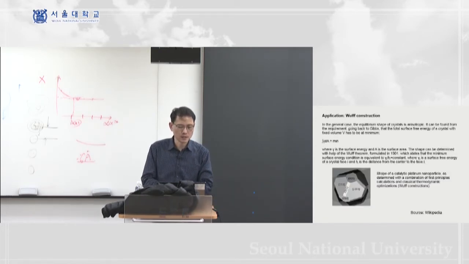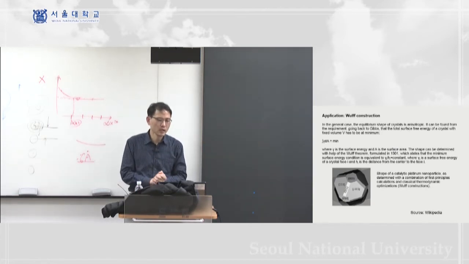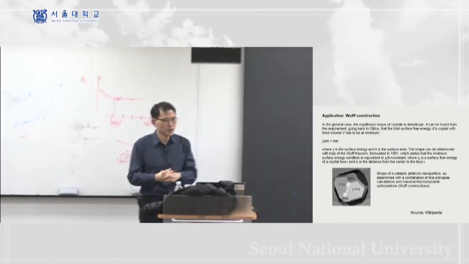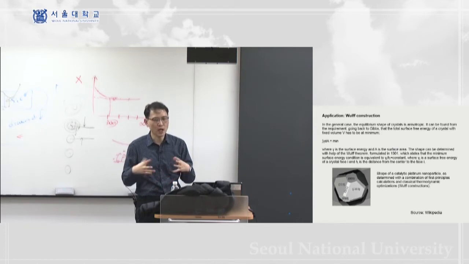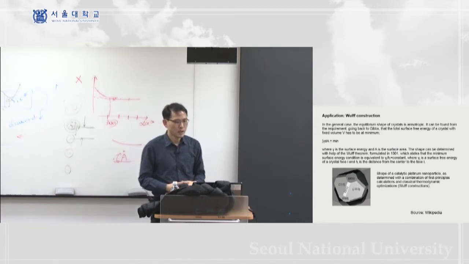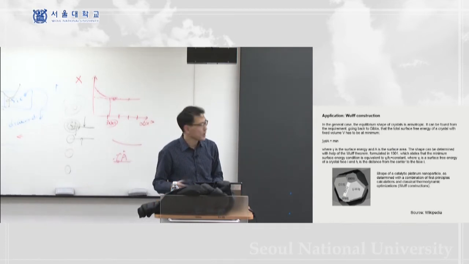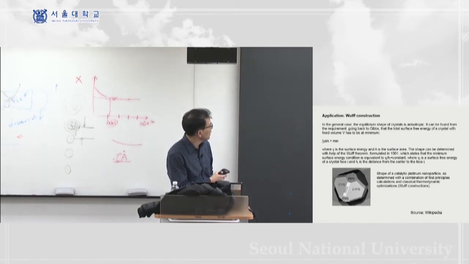And one application of knowing the surface energy is to predict the shape of the nanoparticle. This is known as the Wulff construction. The equilibrium shape of the crystal is anisotropic. It tries to minimize the total free energy, and the free energy consists of the bulk energy and the surface energy.